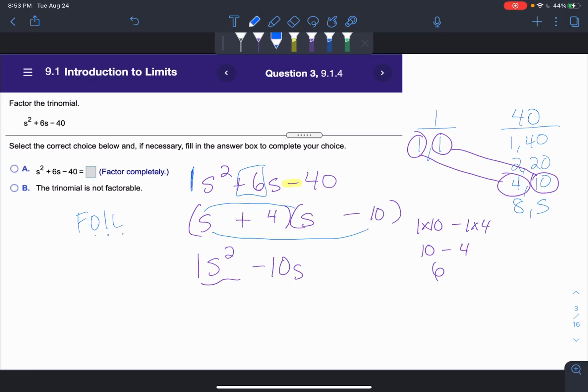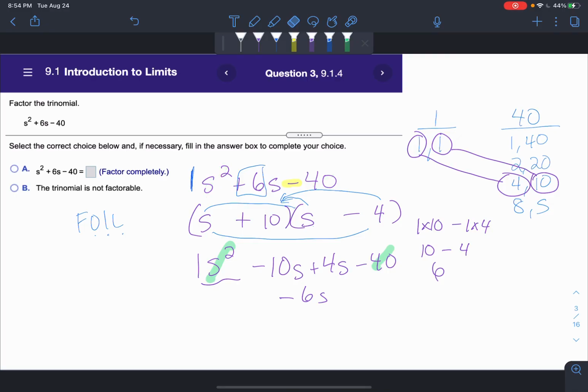Then the inner, s times 4, gives us plus 4s. And then the last, 4 times 10, minus 40. We see that these two terms match up, which is good, but if we combine them, we get minus 6s. So that's how we know we need to switch these two. This should be 10, and this should be 4.